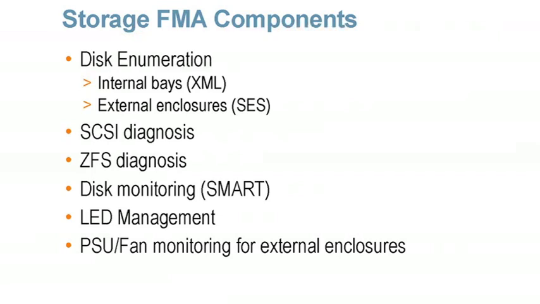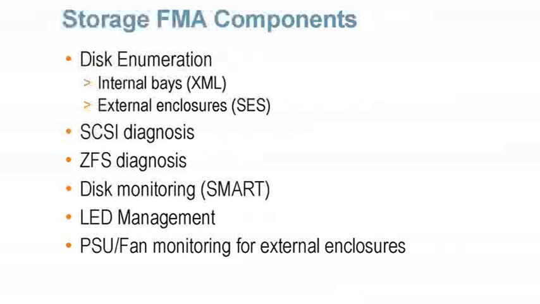There are a series of faults which have a one-to-one correspondence between the ZFS world and the FMA world. So the device fails to open, or the device is not functioning enough to read the identifying label off the device. In those cases, ZFS is the diagnosis engine and preemptively stops using it, because it doesn't need to rely on userland to go and tell it and come back that it's not using it.